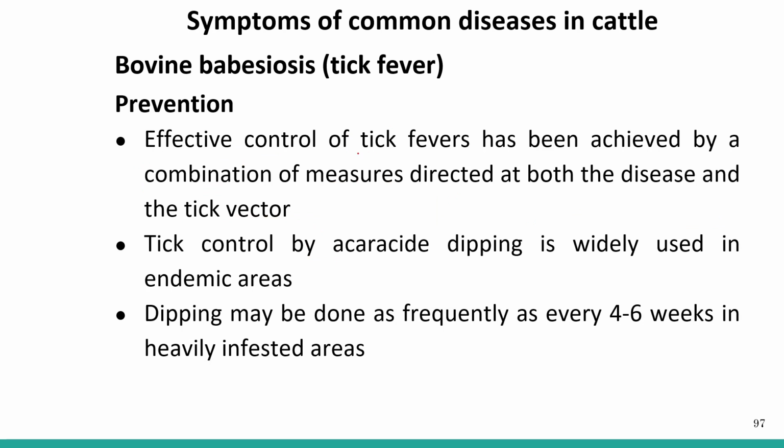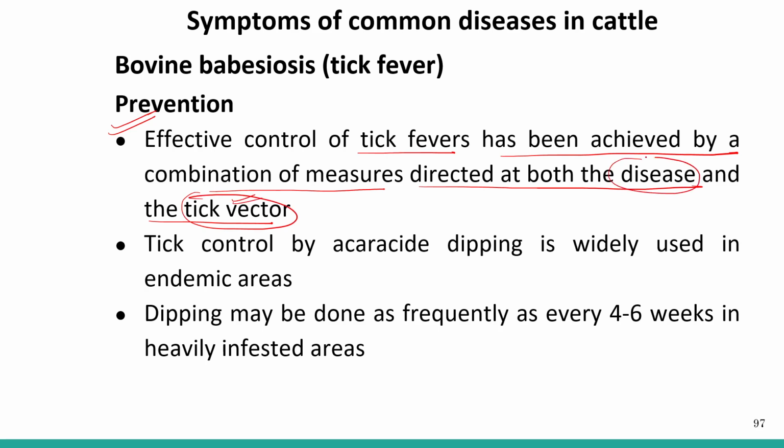Effective control of tick fever. So how can we prevent it? Effective control of tick fever has been achieved by a combination of measures directed at both the disease and the tick vector. So there is a vector and there is a causal organism.